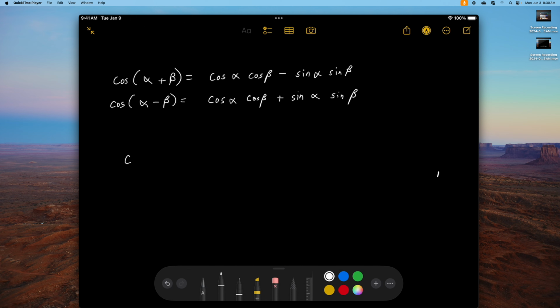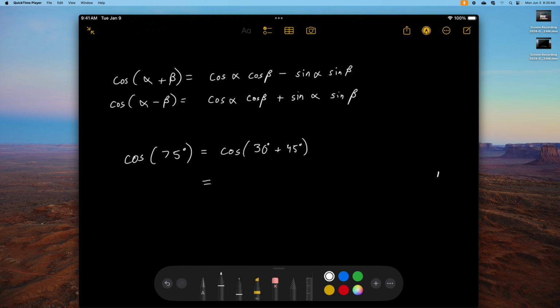Let's try to find cosine of 75 degrees. 75 degrees is not on our unit circle, but 30 degrees and 45 degrees are, and 30 plus 45 is 75.